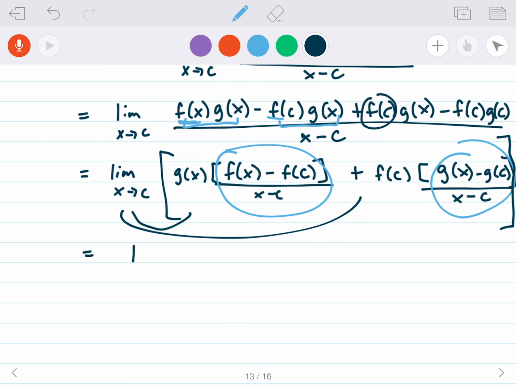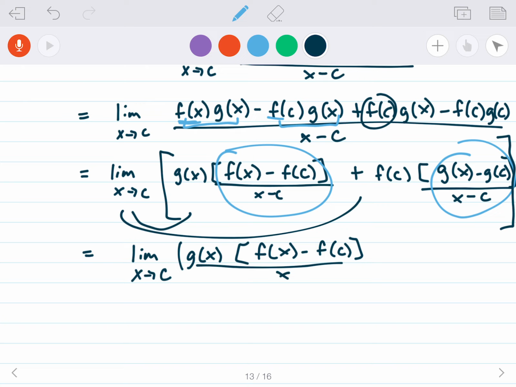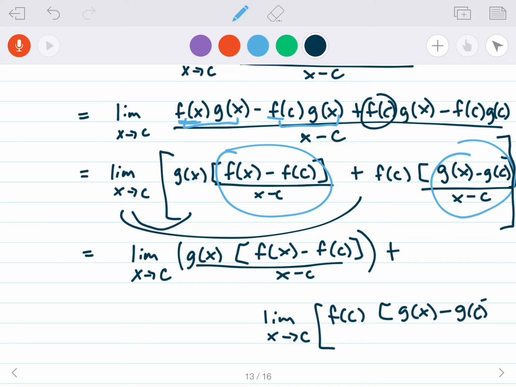So this is equal to the limit as x goes to c of g of x times f of x minus f of c over x minus c, plus the limit as x goes to c of f of c times g of x minus g of c all over x minus c.